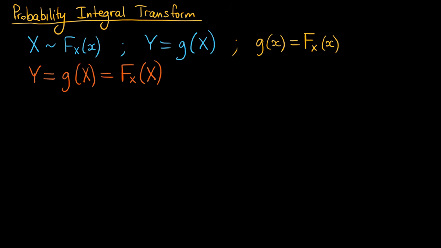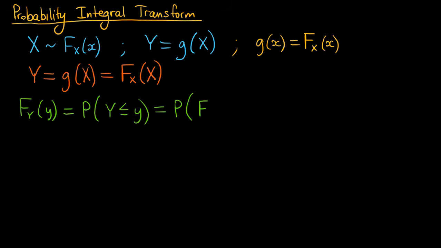Okay, and now we want to find the CDF of this random variable y. So let's proceed as usual. The CDF of the random variable y is the probability that capital Y is less than or equal to lowercase y. Now let's replace capital Y with its expression in terms of x.